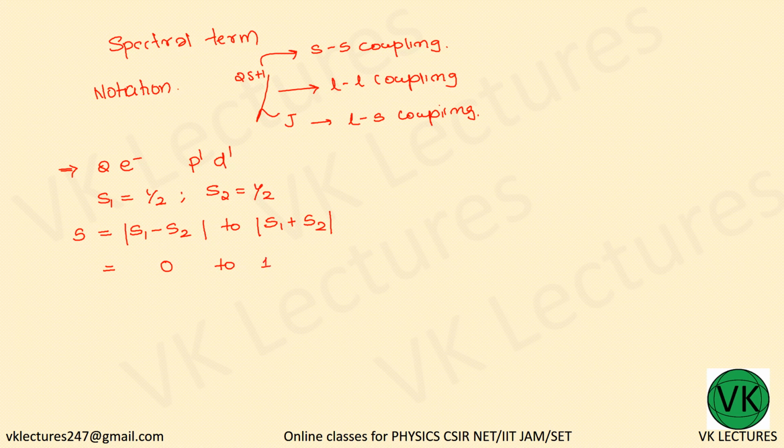So S is either 0 or 1. 2S plus 1 is the multiplicity. When S is equal to 0, you get multiplicity equal to 1, and when S is equal to 1, you get multiplicity equal to 3. Now 1 is called the singlet state, and 3 is called the triplet state.